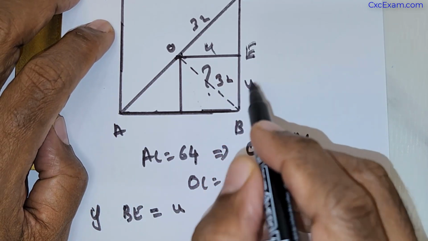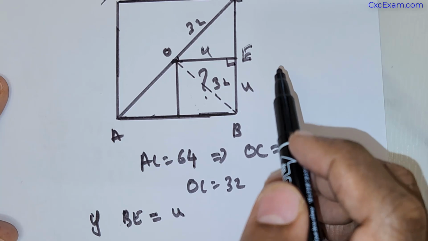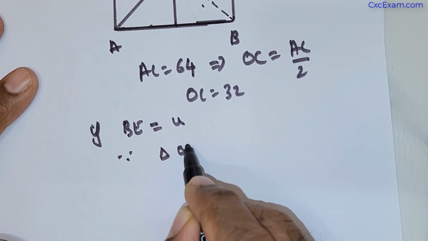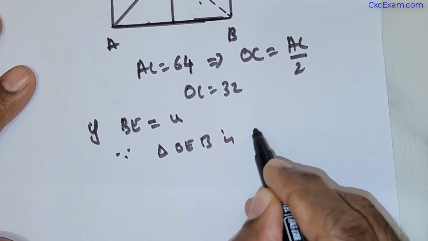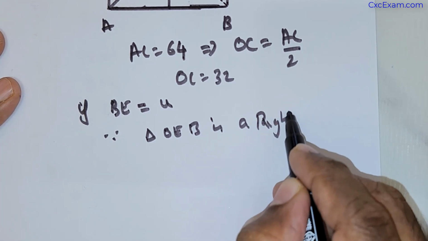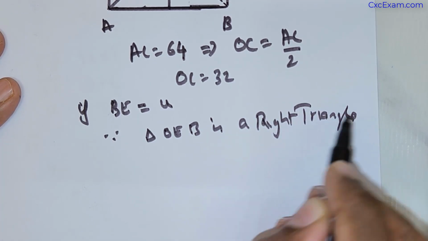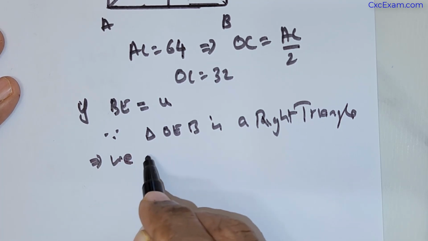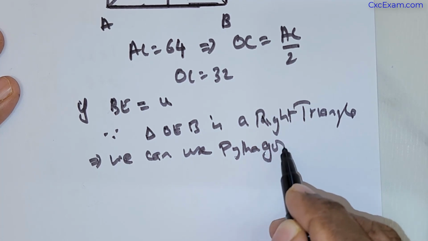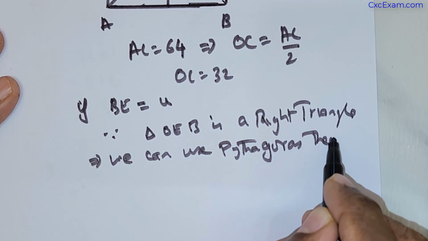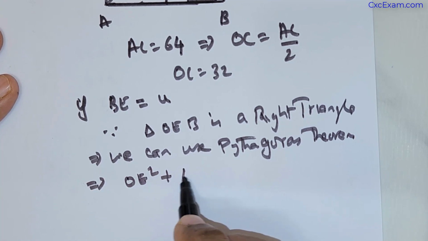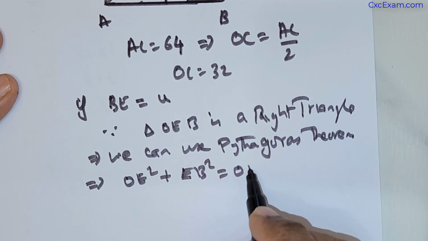Right. Now we are dealing with a square, so this is going to be 90 degrees. So that means since triangle OEB is a right triangle, we can use Pythagoras theorem, which is OE squared plus EB squared is equal to OB squared.